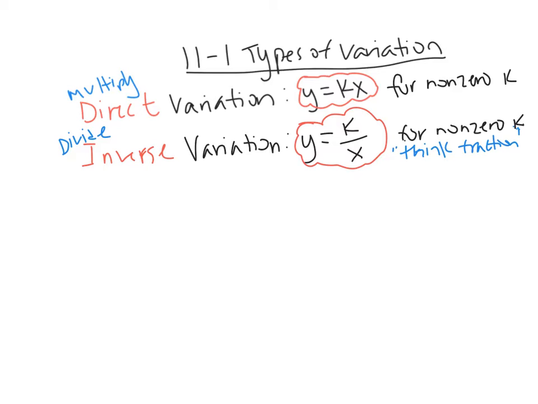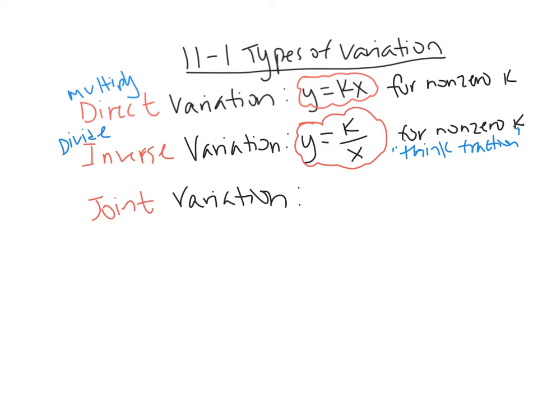Sometimes we may have another type of variation called a joint variation. Joint variation, think about if something varies jointly with something else. That means you have more than one thing going on.